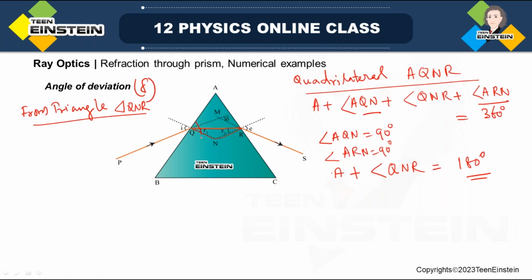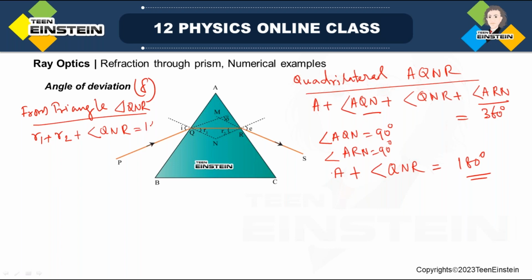Now from here, look what we get. In this triangle, R1 plus R2, these are the angle of refraction at the face AB and the angle of incidence at AC, plus this angle QNR.